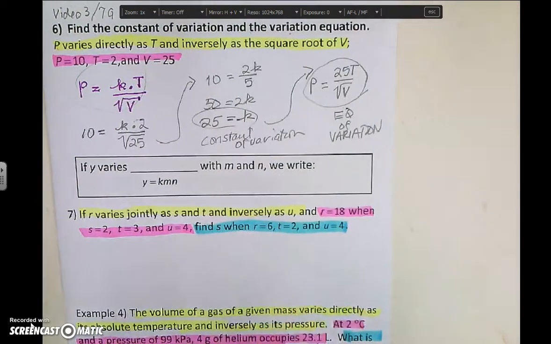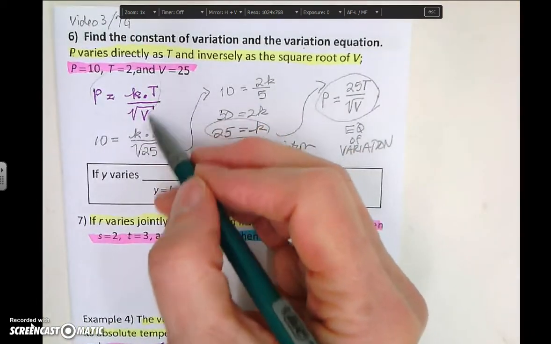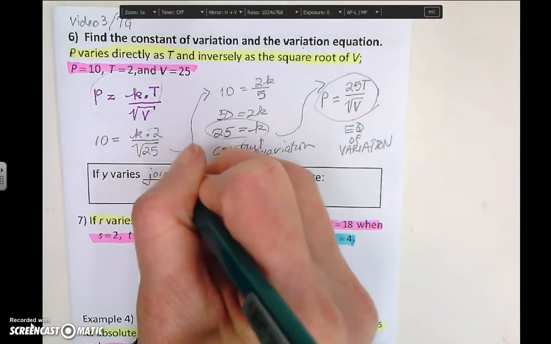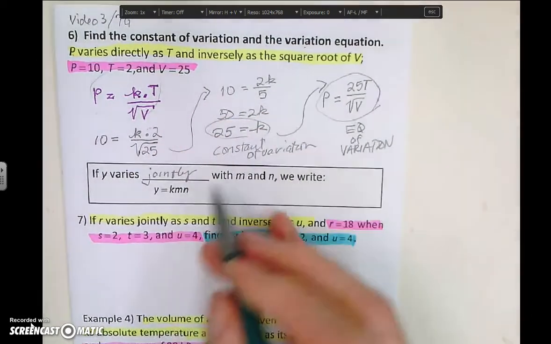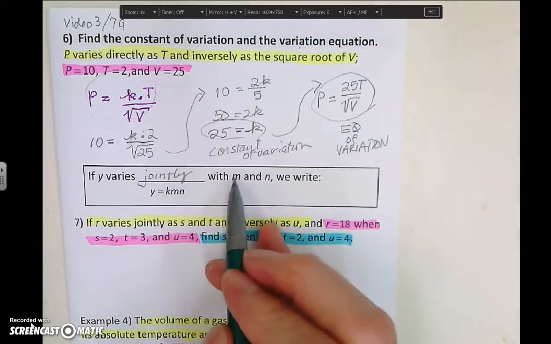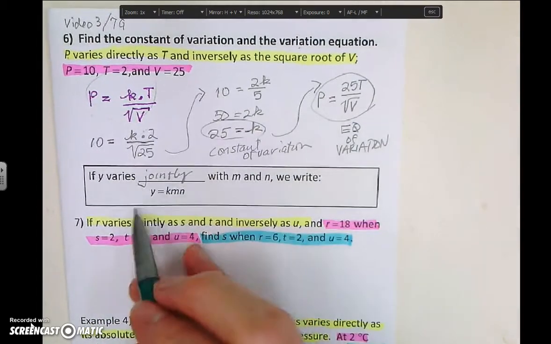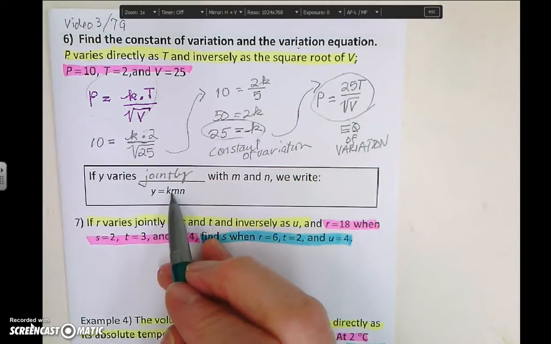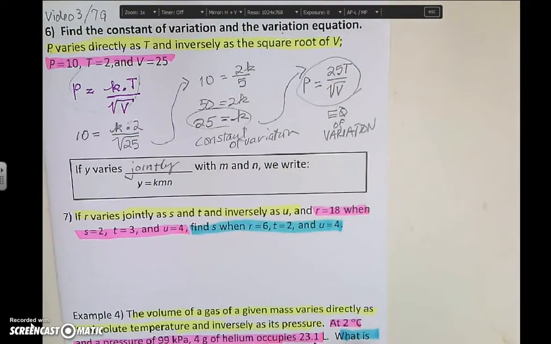All right, so we have several things going on here. We might say that Y varies jointly. So there's kind of several things happening. If you do see Y varies jointly with M and N, it means that Y is equal to K times M times N, so times both of those. So jointly.